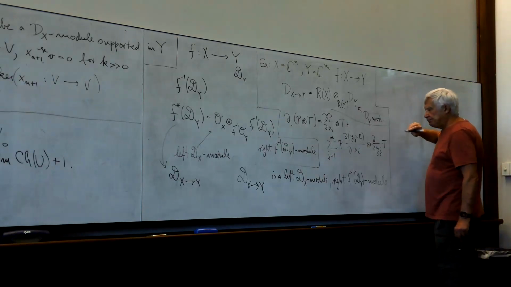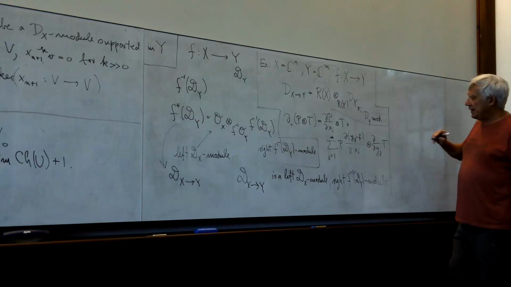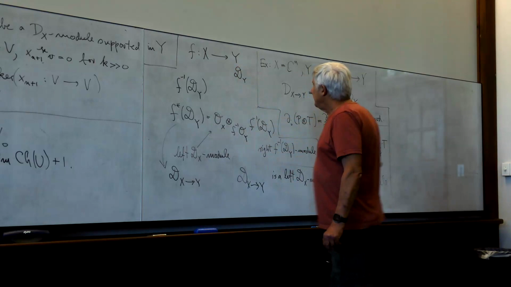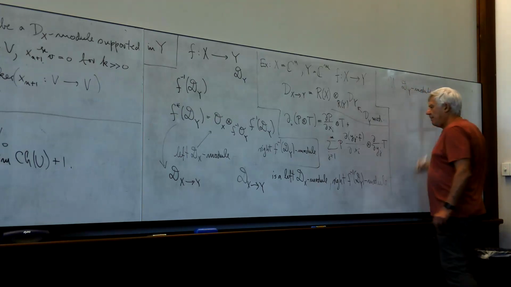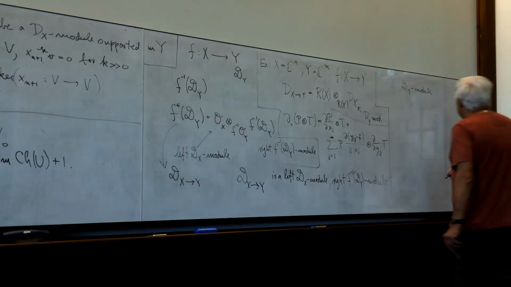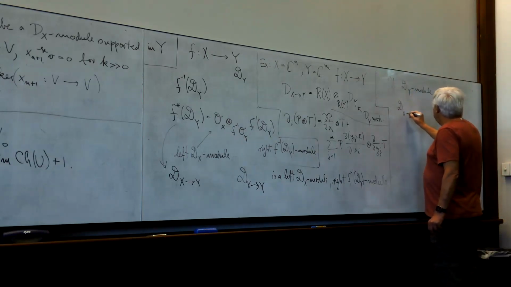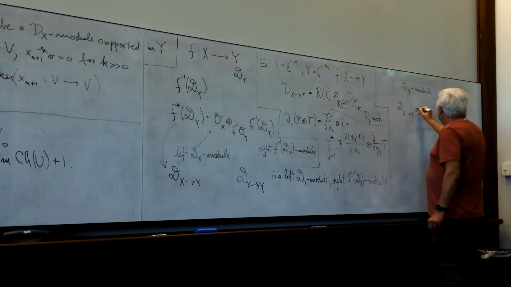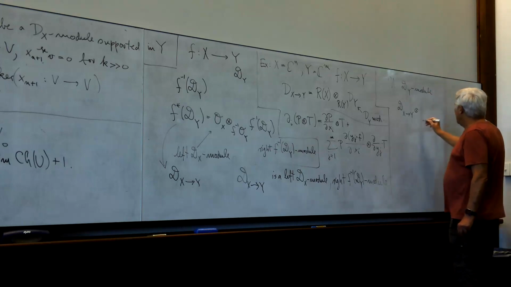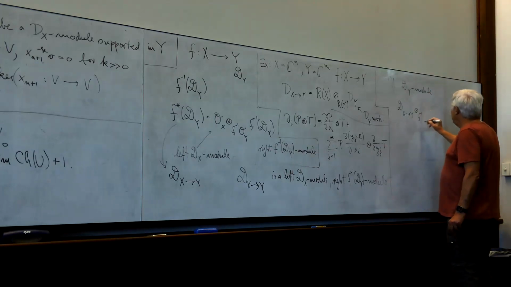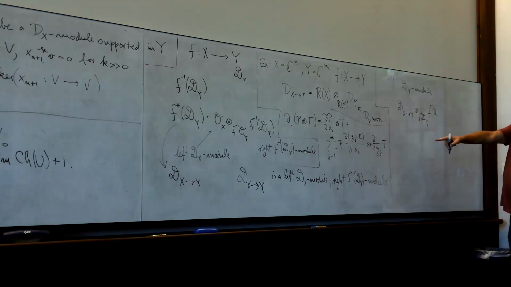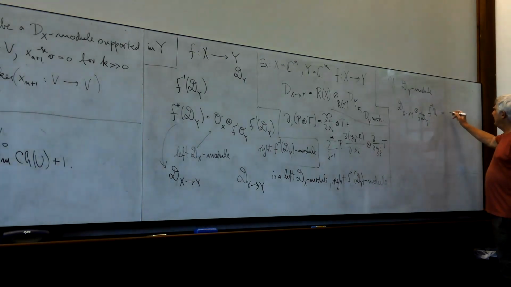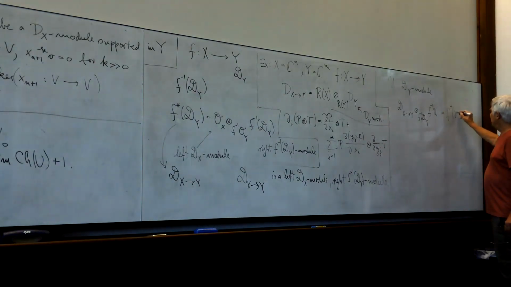We are looking now at the inverse image of some U, which is a D_Y-module, and we take D_{XY} tensor over f inverse D_Y with f inverse of U, and this becomes the D_X-module, and this is the inverse image module.